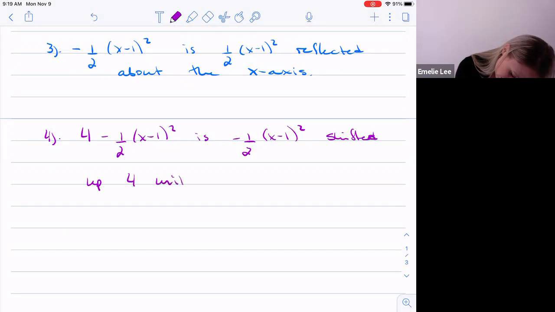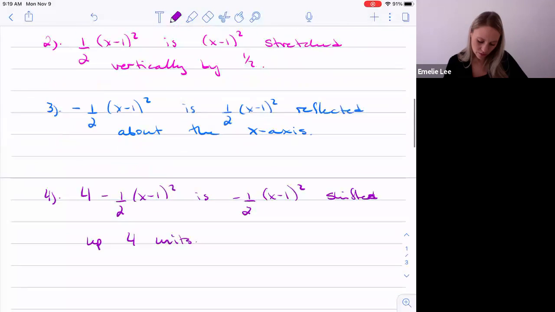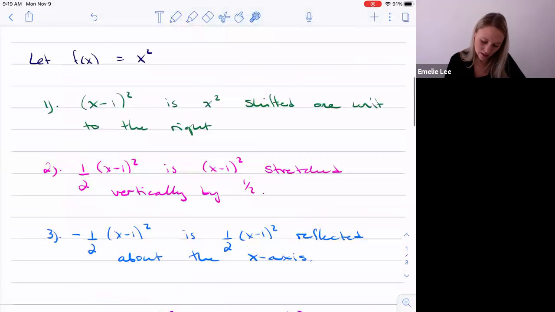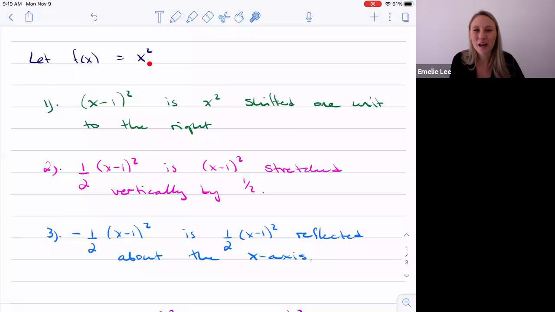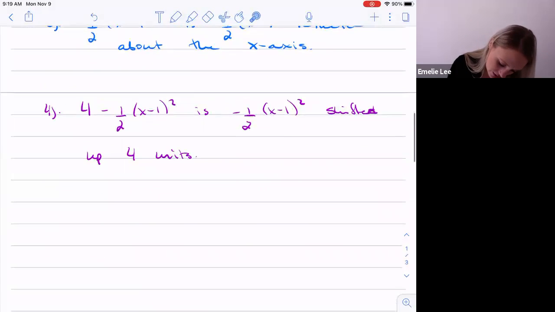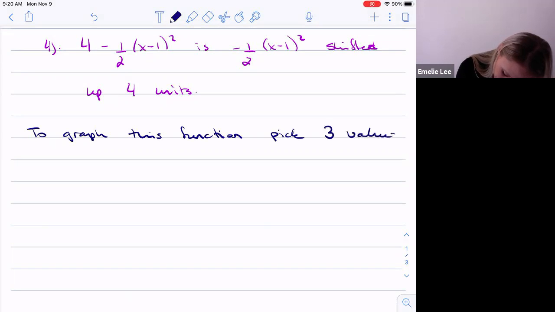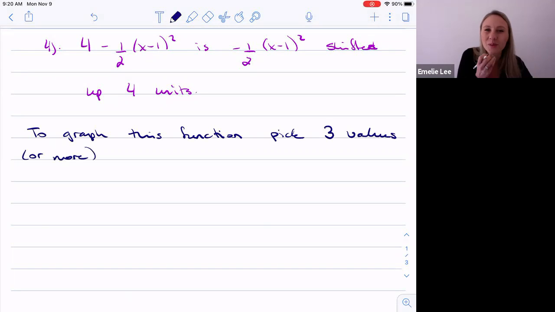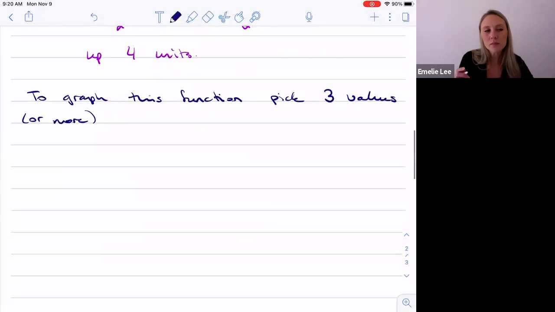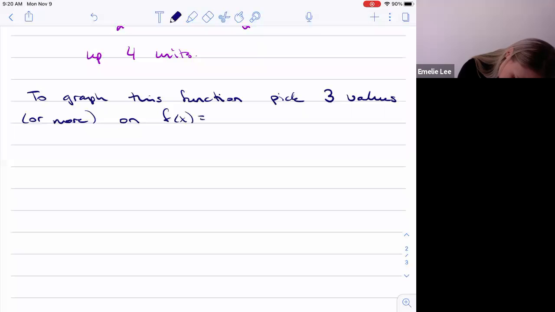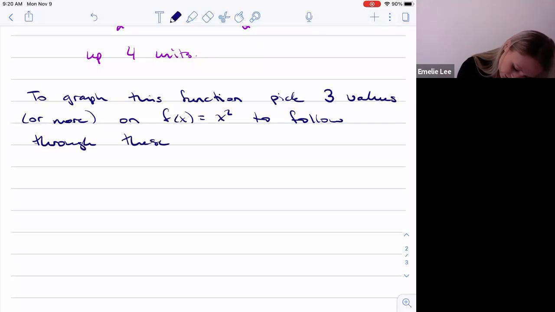So what we can do to graph this function is pick 3 values, or more if you want, but we'll only need 3 values, on f of x equals x squared to follow through these transformations.